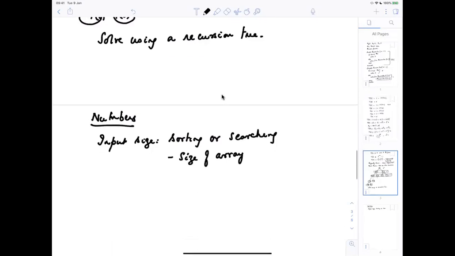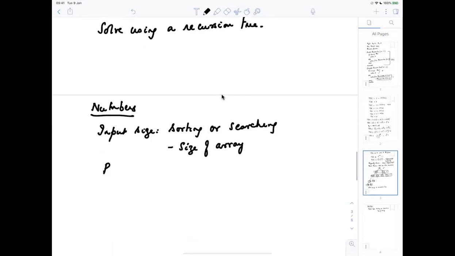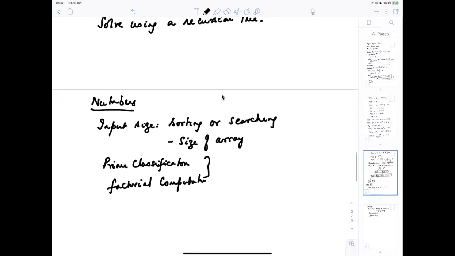Whereas, let's say when I'm doing prime classification, or I'm doing factorial computation, the time complexity is computed differently.